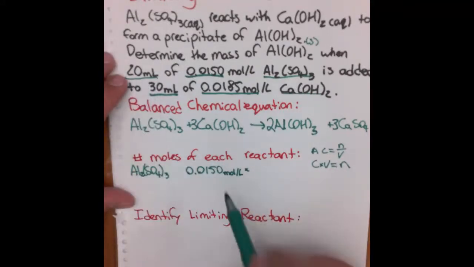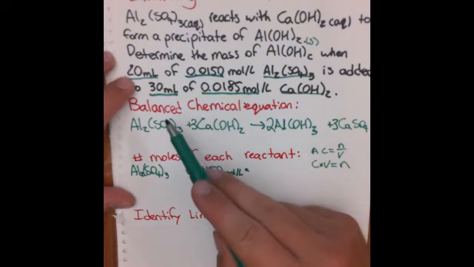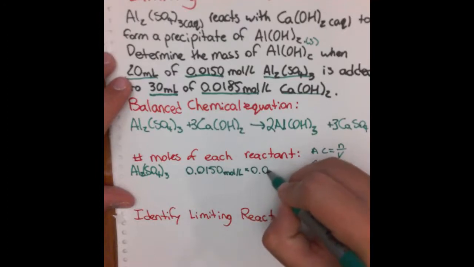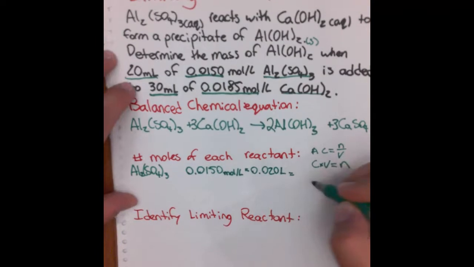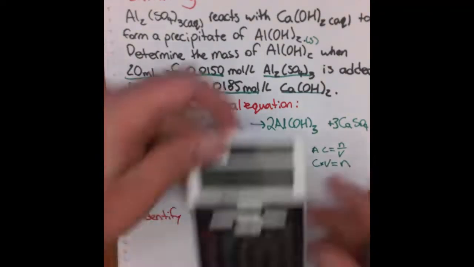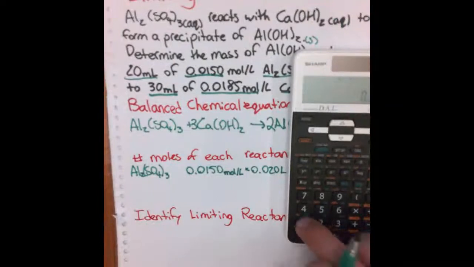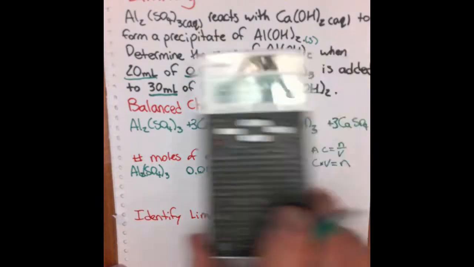Well, that's in milliliters, but we have moles per liter here, so we are going to need to convert that into liters. That is just going to equal 0.020 liters. If I put it into my calculator very quickly, 0.0150 moles per liter times 0.020 liters gives me 3 times 10 to the negative 4 moles.